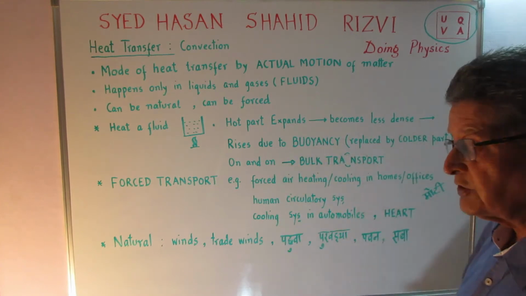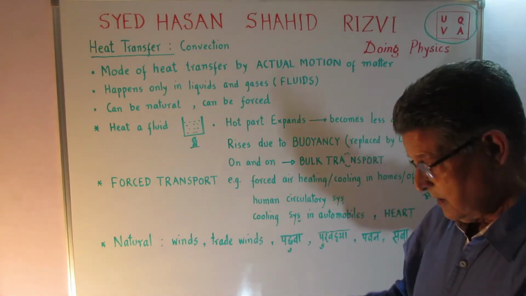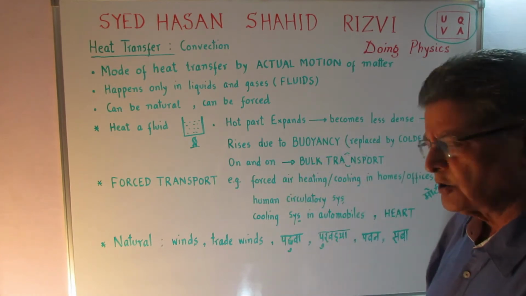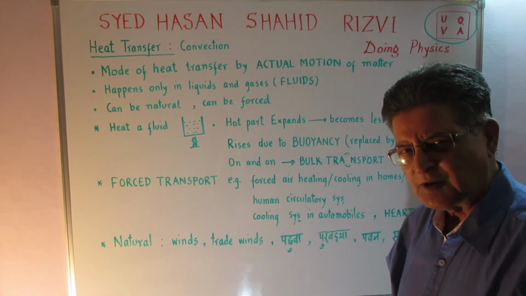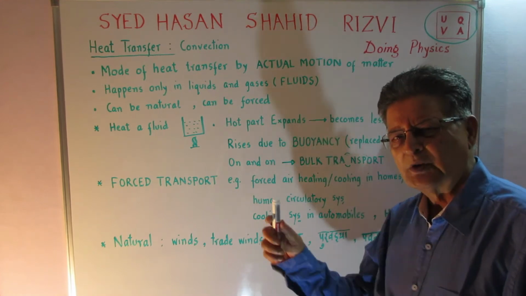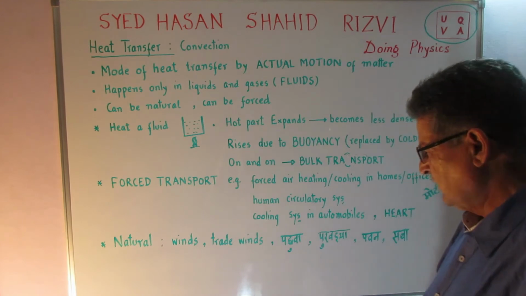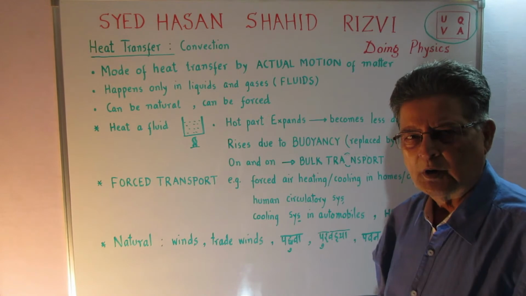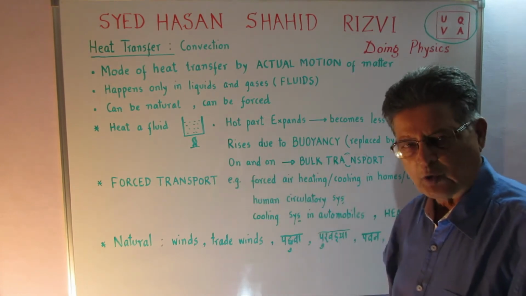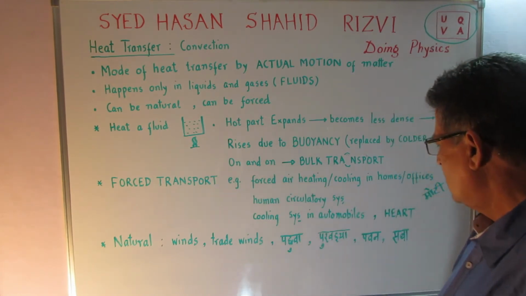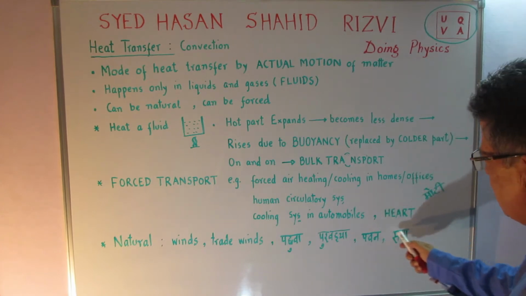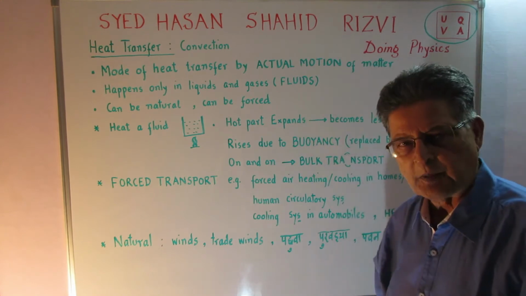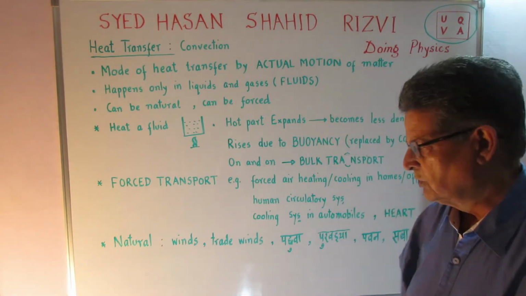Human circulatory systems, cooling systems in automobiles, many kinds of things where we use pumps just to take away energy. For example, nuclear systems where water is used for cooling. And the function of the heart is to circulate the blood, and keep on doing so.